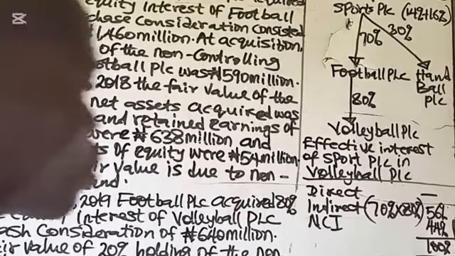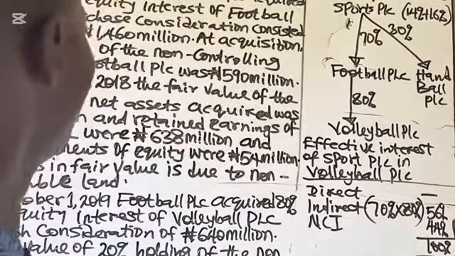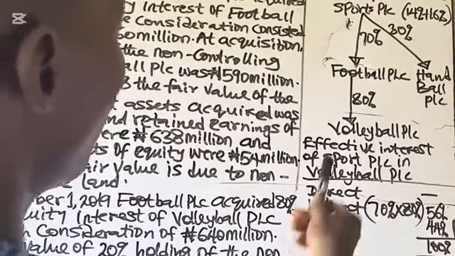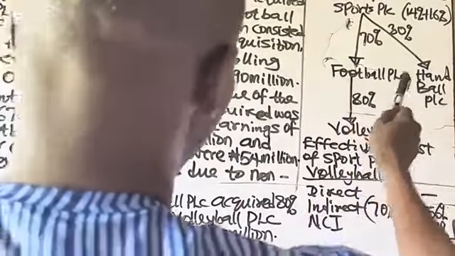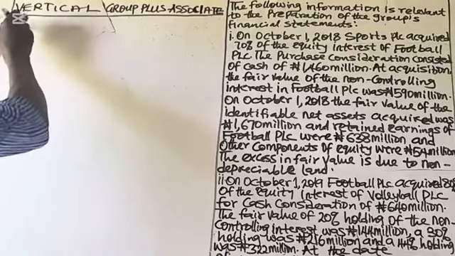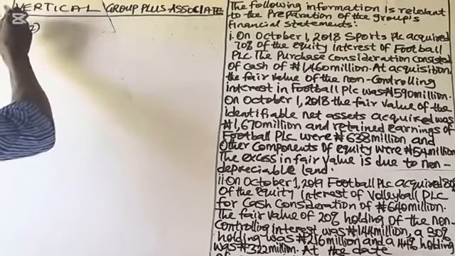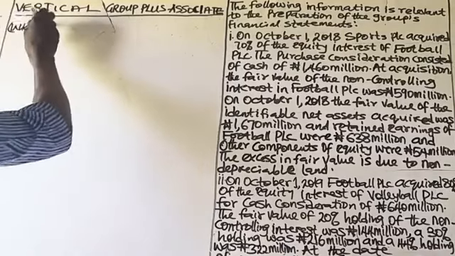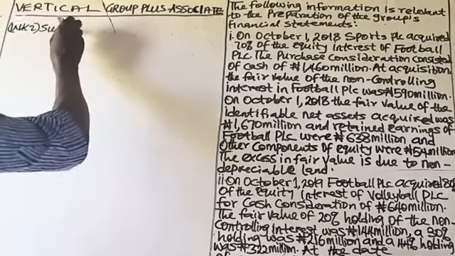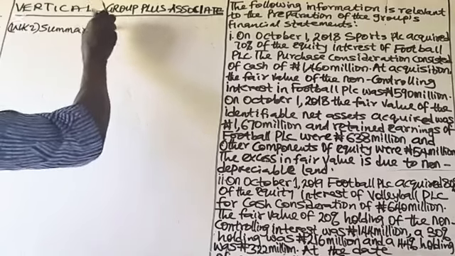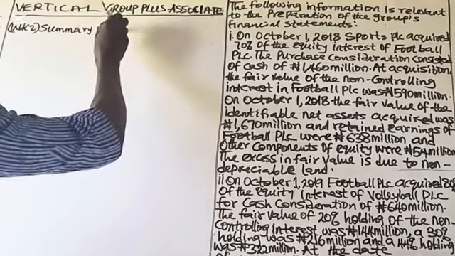After the group structure, the next thing is to present the summary of Football PLC net assets. Working 2.